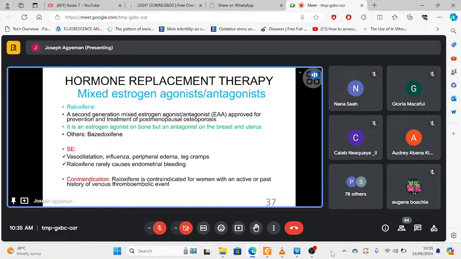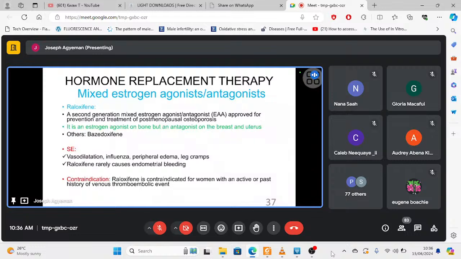Now, raloxifene is a second generation mixed agonist-antagonist that is approved, obviously, for postmenopausal osteoporosis. It's not surprising because in menopause, we have a problem with estrogen. The estrogen concentrations are really, really low. And therefore, if an agent that works just like estrogen is being given to treat osteoporosis, you can predict the type of osteoporosis.